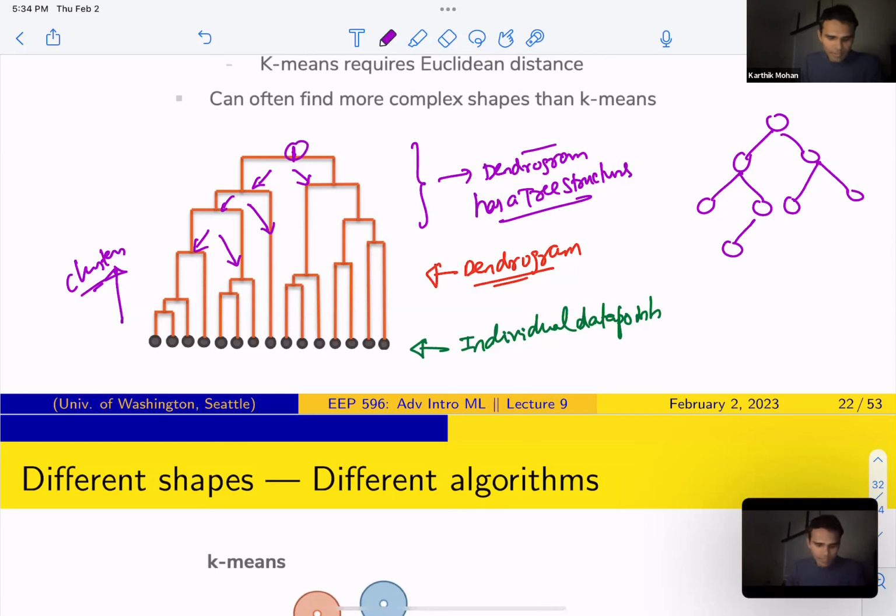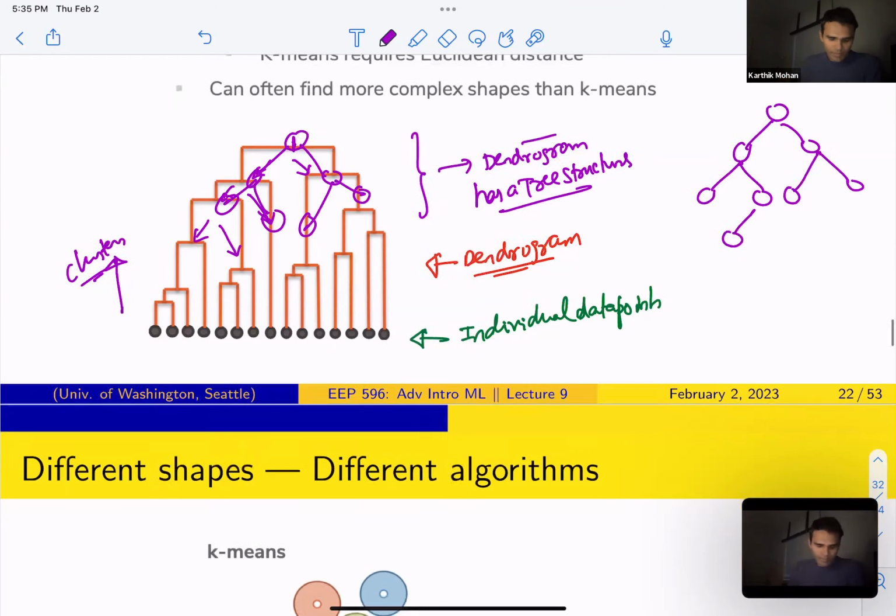You start here, and then you have this, right? So you can see the tree structure is showing up in the dendrogram. The dendrogram is essentially a tree, but it's a tree connected to the data points that you have. It's not a decision tree, but it's a tree to structure or order your data points.